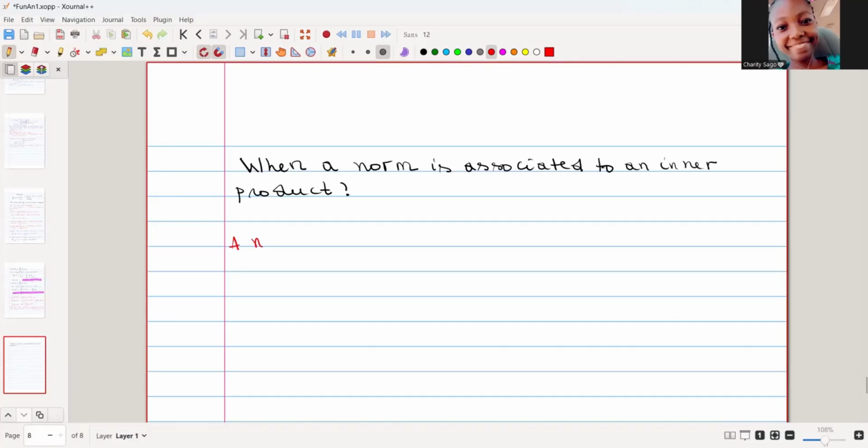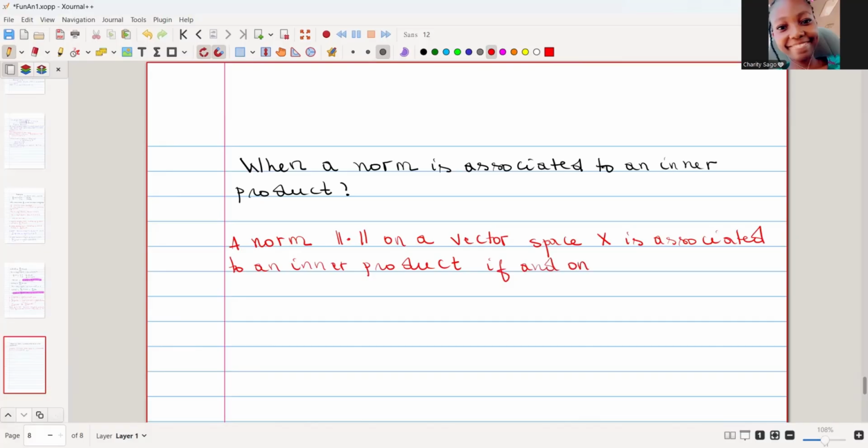So a norm like this on a vector space X is associated to an inner product if and only if the parallelogram law is satisfied.